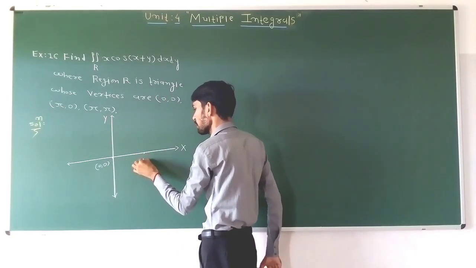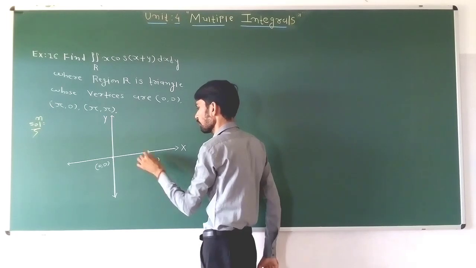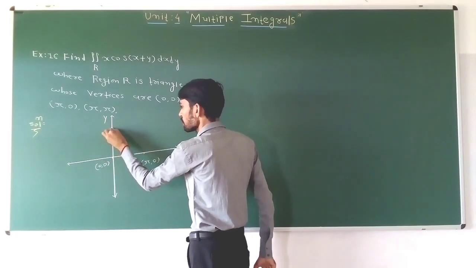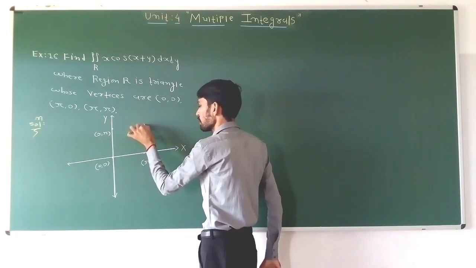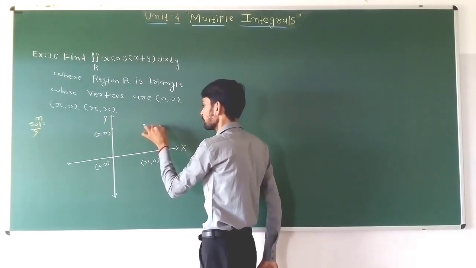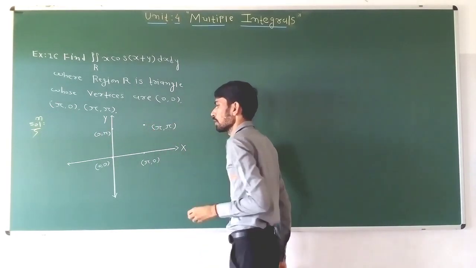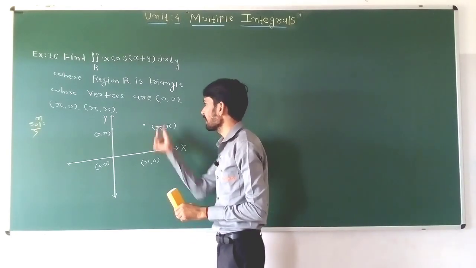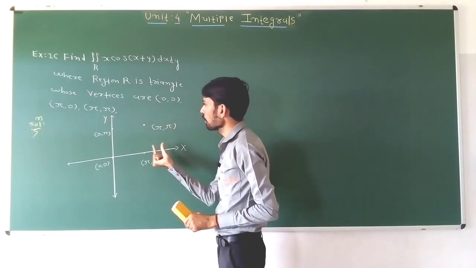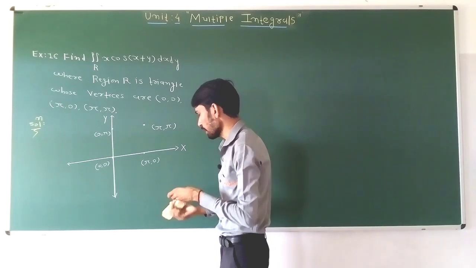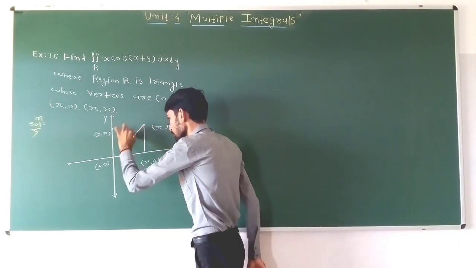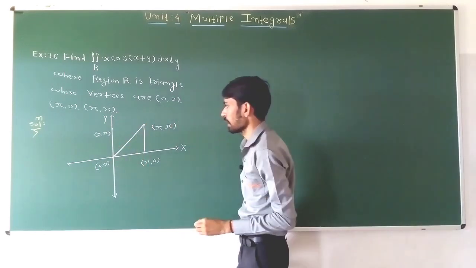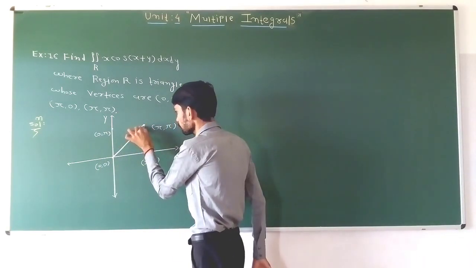On the y-axis, suppose this point is (0, pi), then this point is (pi, pi). So our triangle is bounded by the vertices (0, 0), (pi, 0) and (pi, pi). Here we draw the triangle. This is our triangle and this is our bounded region.